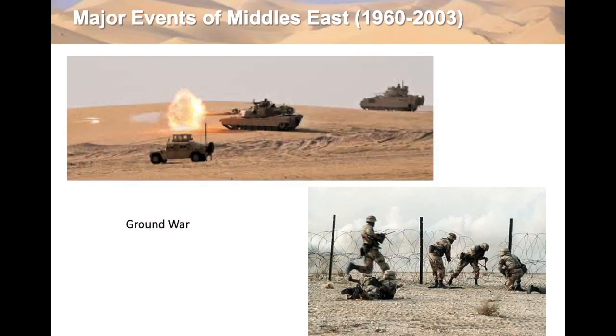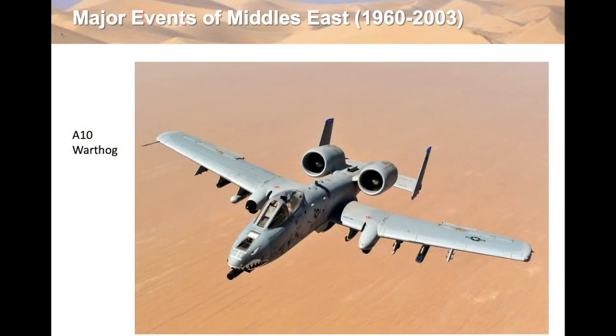Here are some pictures. Ground war: there's a tank firing, and some infantry crossing some barbed wire. Here's an A-10 Warthog. This is basically the plane that was used during the Highway of Death. The interesting thing about this plane is this cannon. It has bombs and missiles and all of that, but this cannon underneath shoots a very large round.